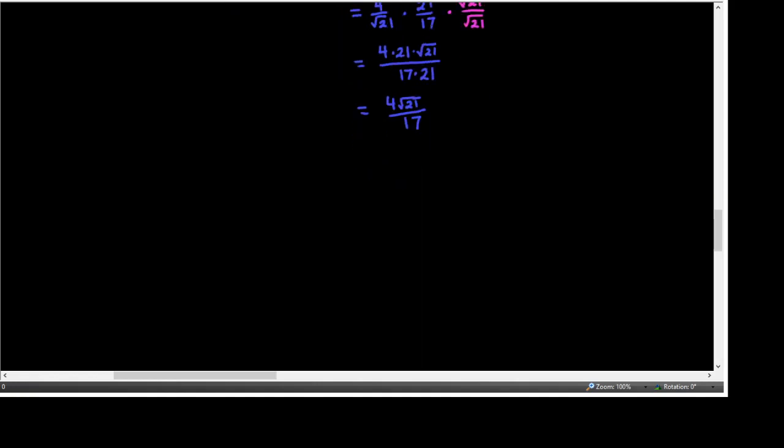a different level is not to have specific numbers, but an unknown number. Let's see. So this first one is sine of tangent inverse of u.